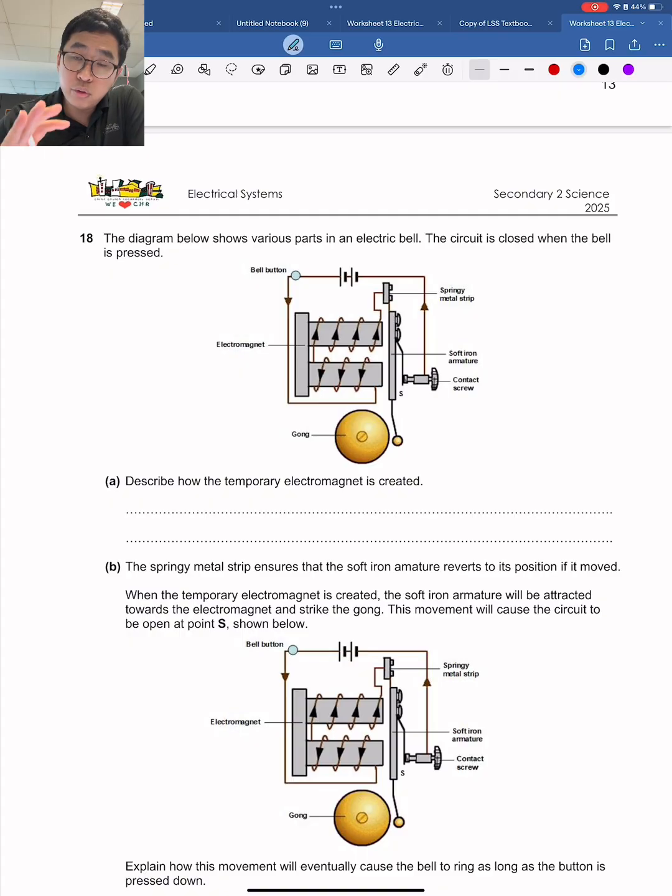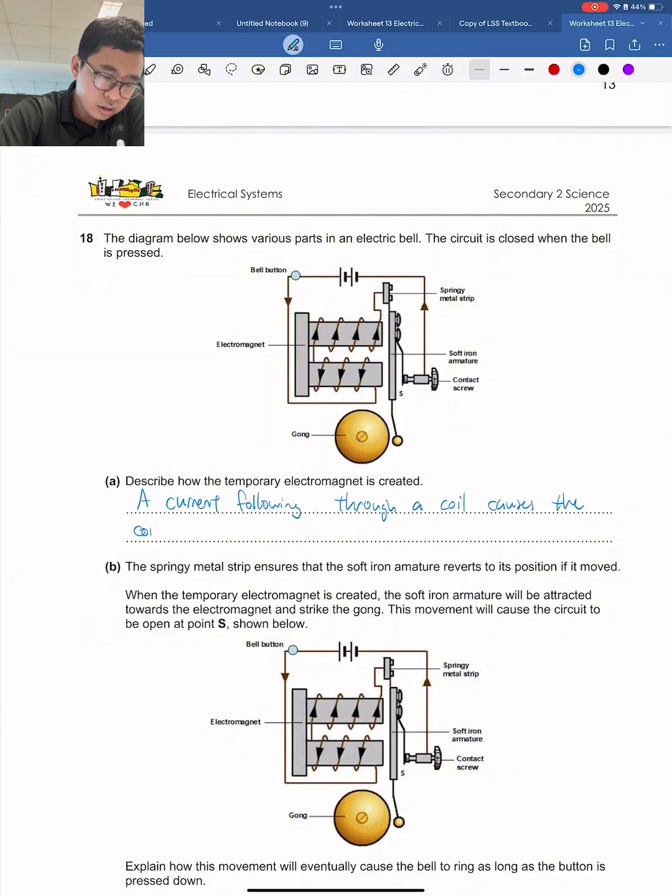So electromagnet, purely from textbook, is that a current flowing through a coil causes the coil to become a temporary electromagnet.